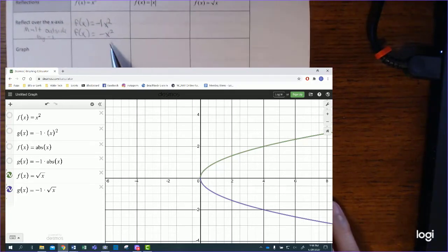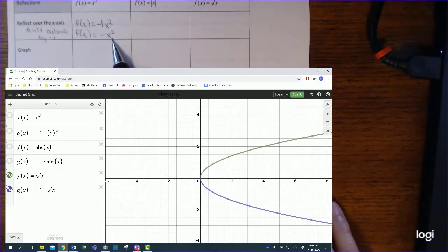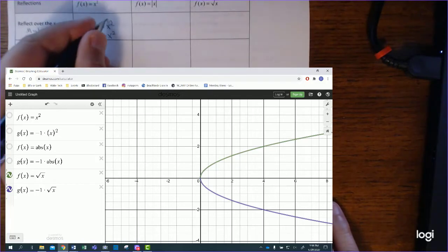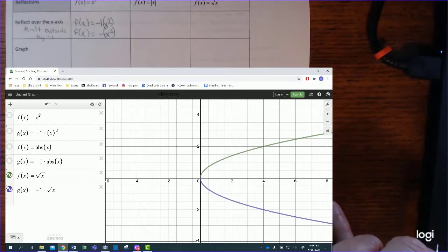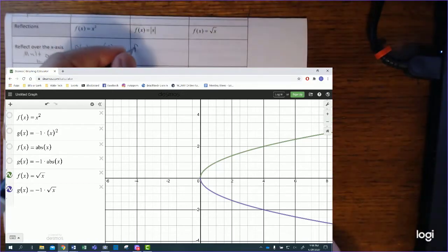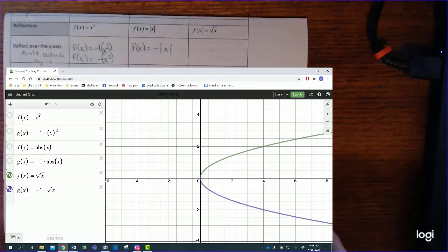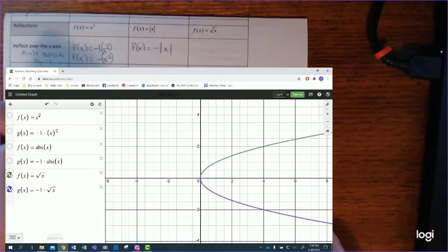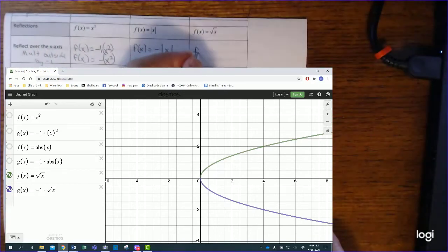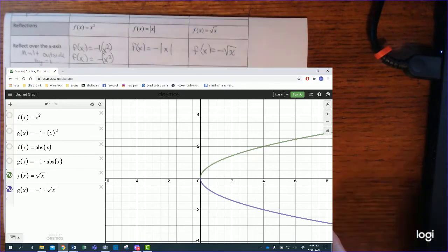This gets people in trouble because they think that negative is with the x, but actually it's outside. Okay, so the -1 helps. This is a little easier to see because those bars are keeping that negative. It definitely looks like it's outside the function. And if you want to reflect square root of x over the x-axis, you multiply it by -1.